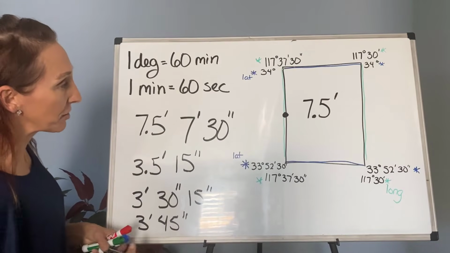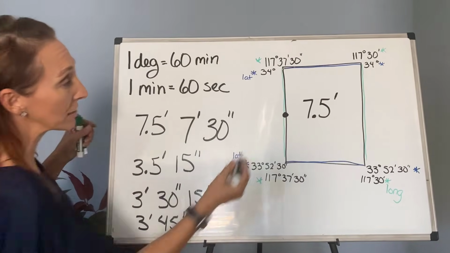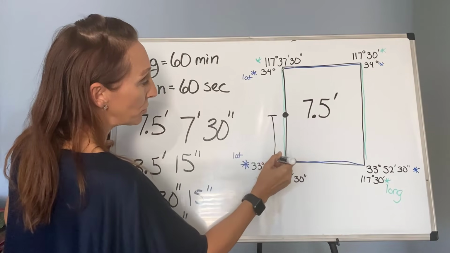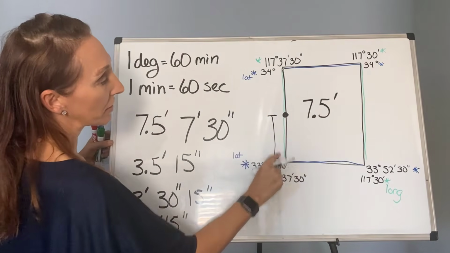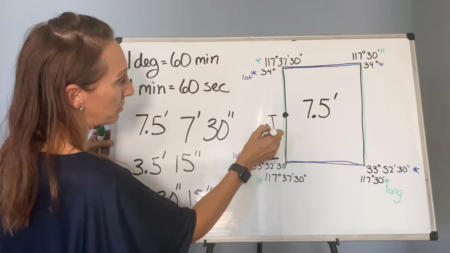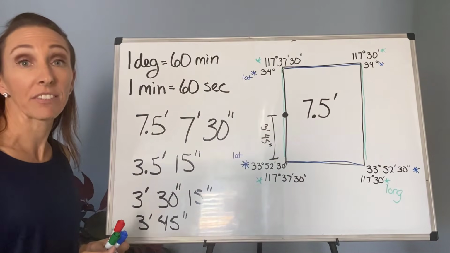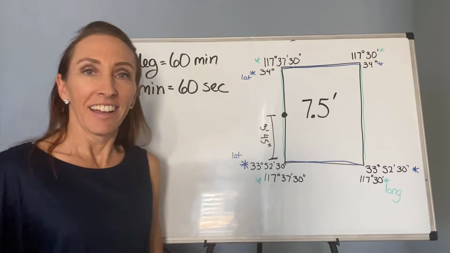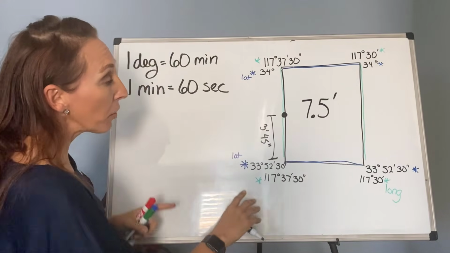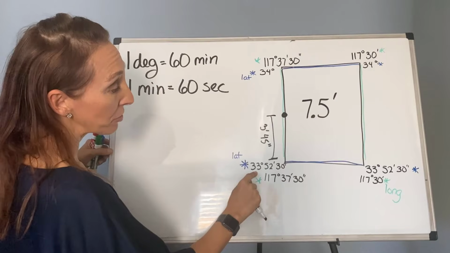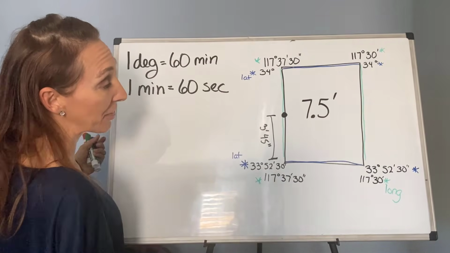All right, so now what we need to do is add this 3 minutes and 45 seconds to this latitude here. That's what we need to add to get to this point of latitude. So let's do that now. Okay, so what do we add it to? Well, we know that our latitude down here is 33 degrees, 52 minutes, and 30 seconds.